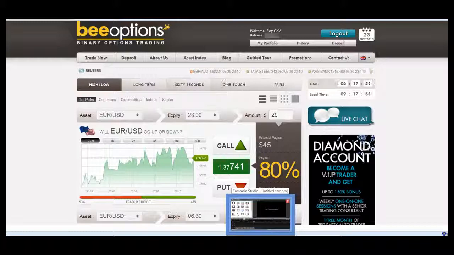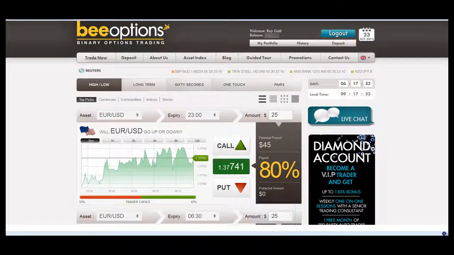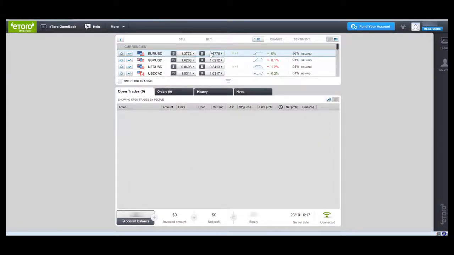Now, the reason that you do the average between the sell and the buy and not the latest buy is simply because you're not really buying or selling an asset in binary options. You're predicting how it's going to react. So looking at the latest price paid for a position is not necessarily reflecting the real current market price.